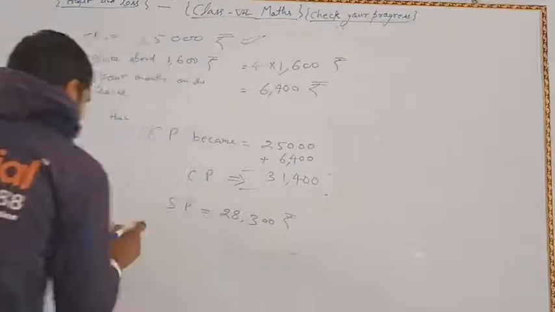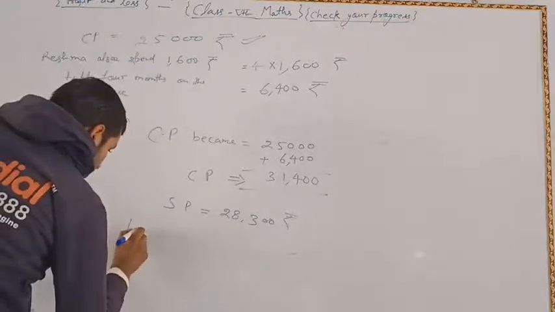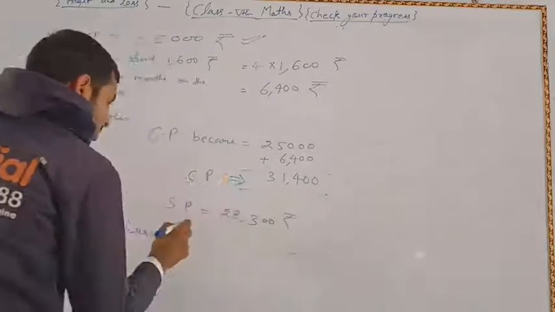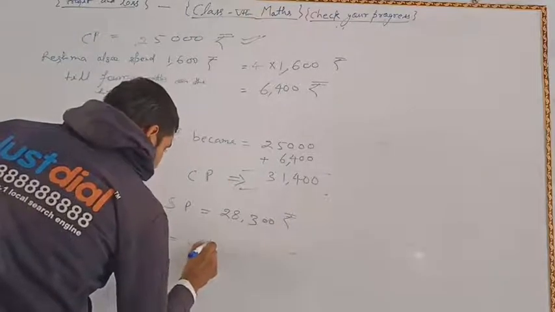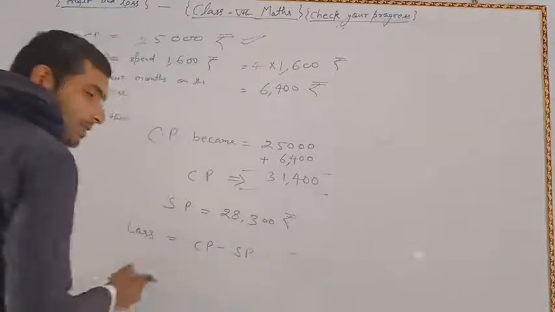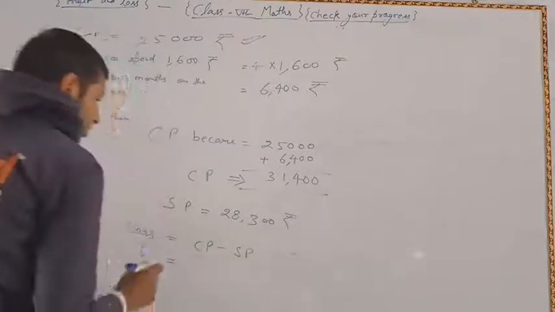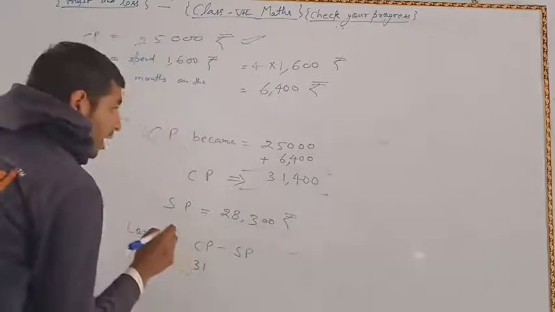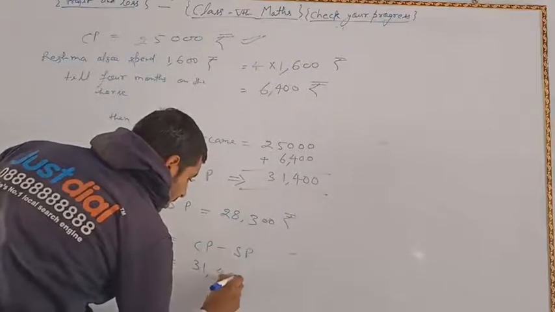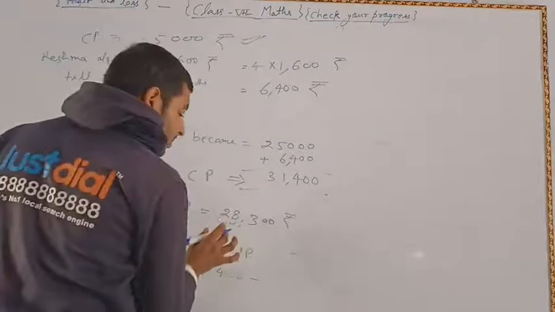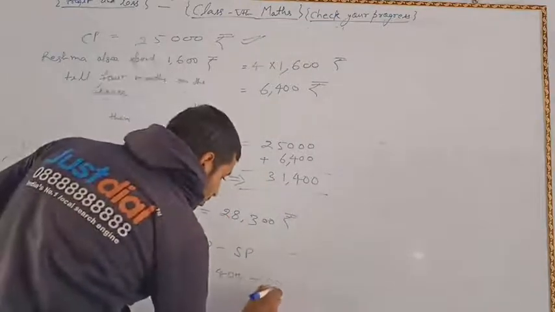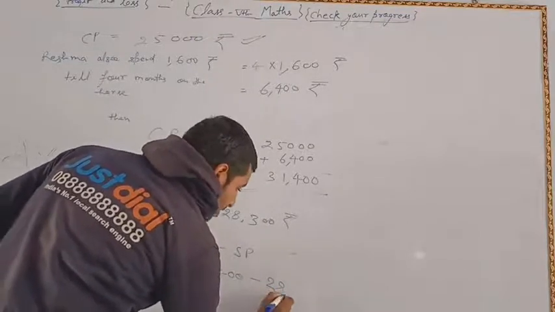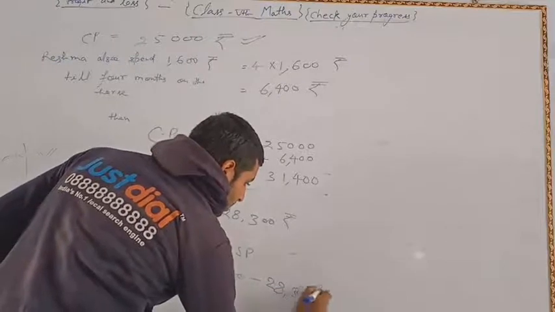Okay, then your loss is equal to CP minus SP. This is the formula for loss. Then CP is given here as 31,400 minus SP, also given here as 28,300 rupees.